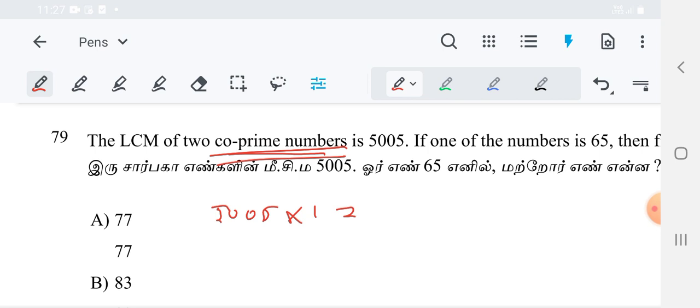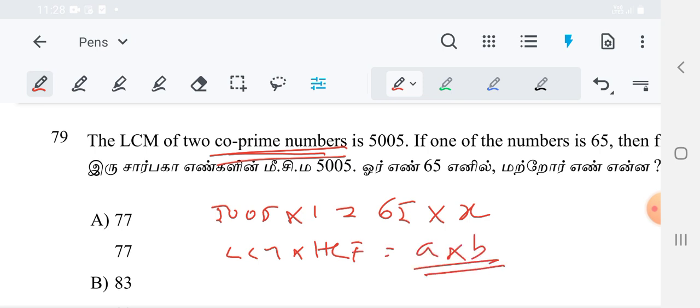So LCM is given as 5005, and the HCF of co-prime numbers is always 1 because that is the only common factor. One of the numbers is given as 65. Another number we have to find, take it as X. They are asking to find the other number only, so we use this property: LCM into HCF is equal to the product of the two numbers, A into B. This is like a formula.